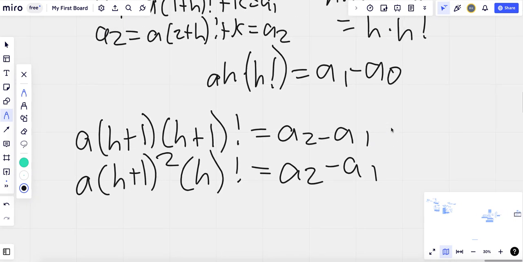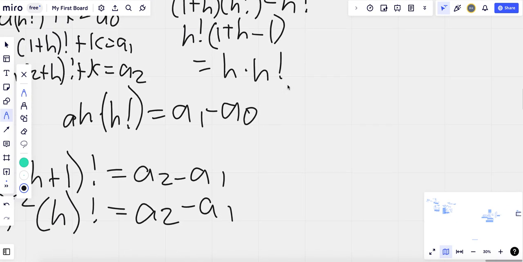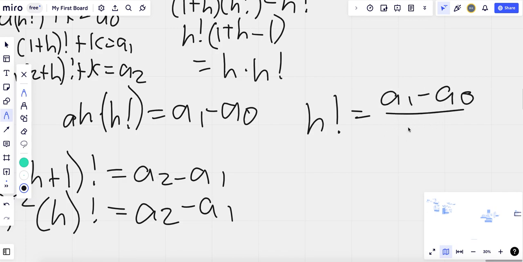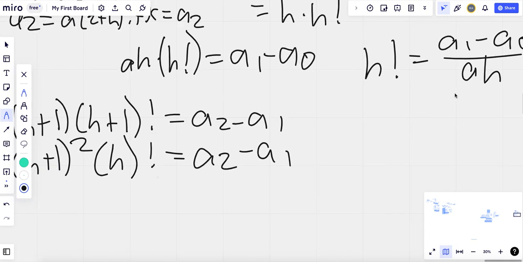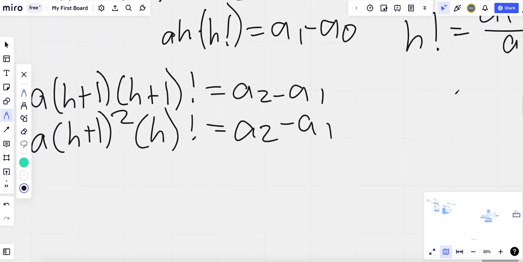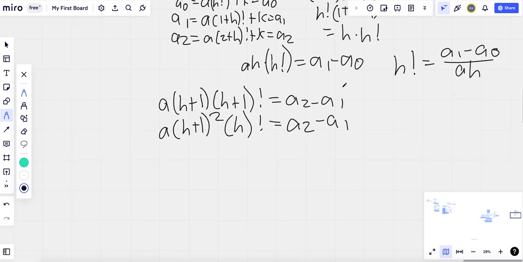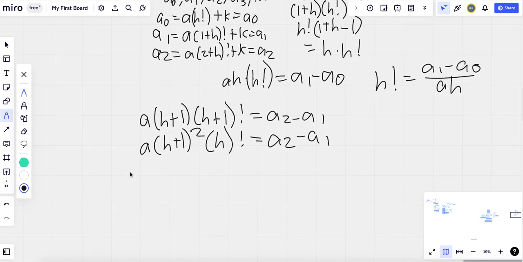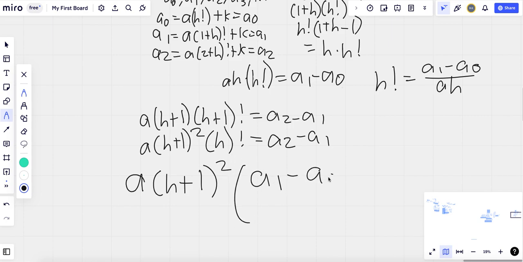Because now that we have it as h factorial, we can rewrite this h factorial here. So this h factorial is equal to a1 minus a0 over a times h. So now here we have a1 minus a0 over a times h.